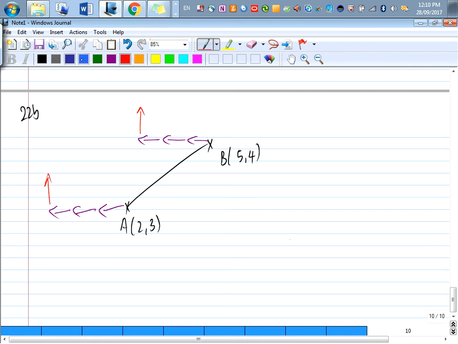So now I will get my new line. They said A, B map into C, D. So this must be -1, 4. Okay? That's translation.